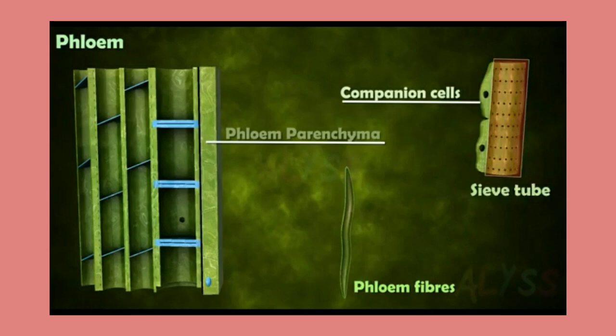The functions are tubes joined to each other, conducting sugar and amino acids from leaves to various parts in upward and downward direction. So children, this was all about the plant tissues and different types of plant tissues. Understood children? Okay.